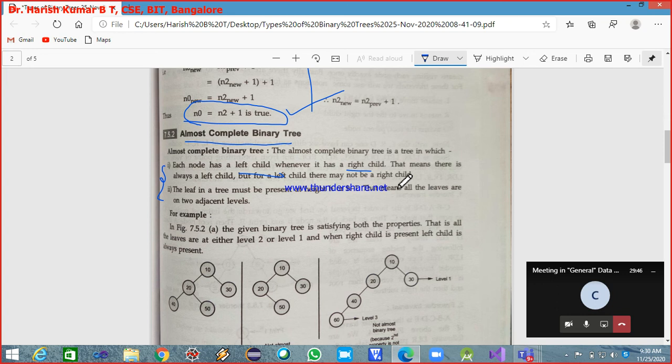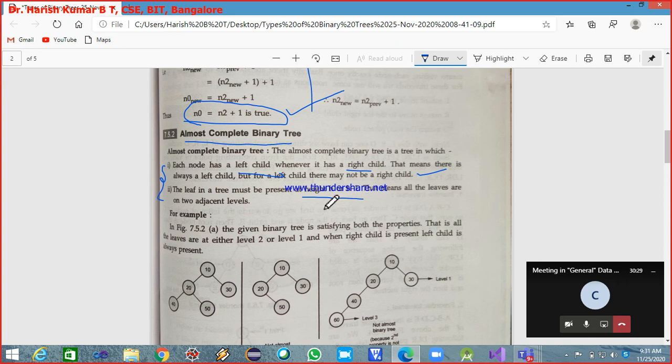Understood? Yes, sir. So each node has a left child whenever it has a right child. This means that there is always a left child, but for a left child there may not be a right child. Correct? So if there is a right child, the left child should be there. And if there is a left child, it's not necessary to have the right child. So this is one constraint. I have the example, I will show you. Next, the leaf in the tree must be present at height h or h minus 1.